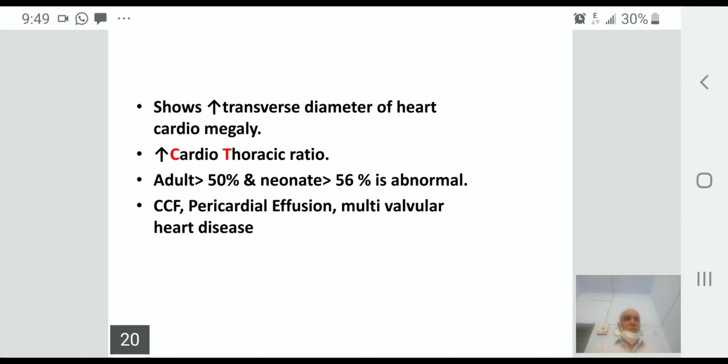When the cardiothoracic ratio, cardiac size divided by thoracic size, is greater than 50% in an adult, you can say this is cardiomegaly. But in the neonate, it should be more than 56 to be considered abnormal. Common causes of cardiomegaly are congestive cardiac failure, pericardial effusion, and multivalvular heart disease.